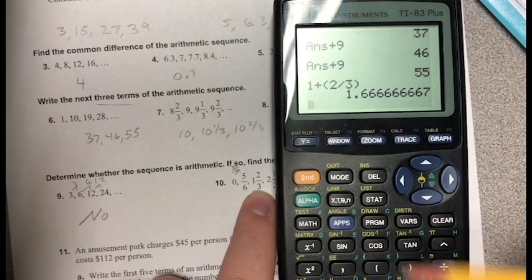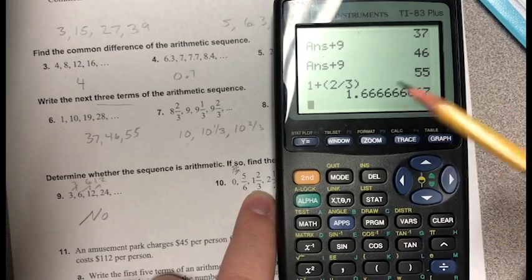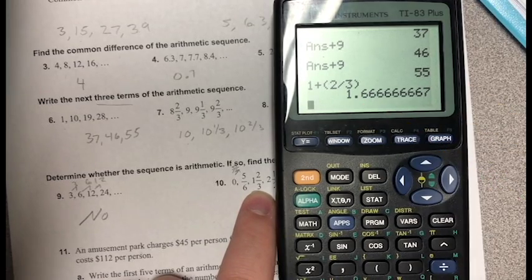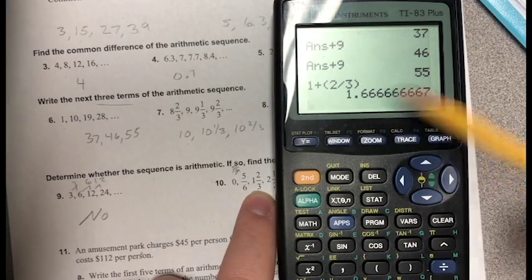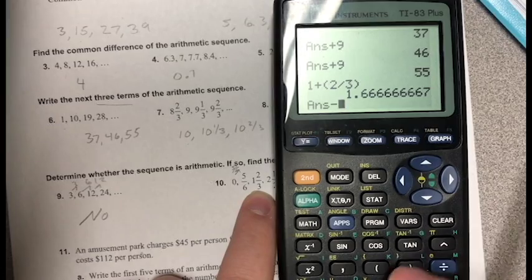This is one of the drawbacks of a graphing calculator, is that you've got to remember that a fraction can be turned into a decimal. And now that I have 1 and 2/3 in my calculator as this decimal, I can subtract 5/6. Oops, and I'm going to put them in parentheses. All right, so what do I get?